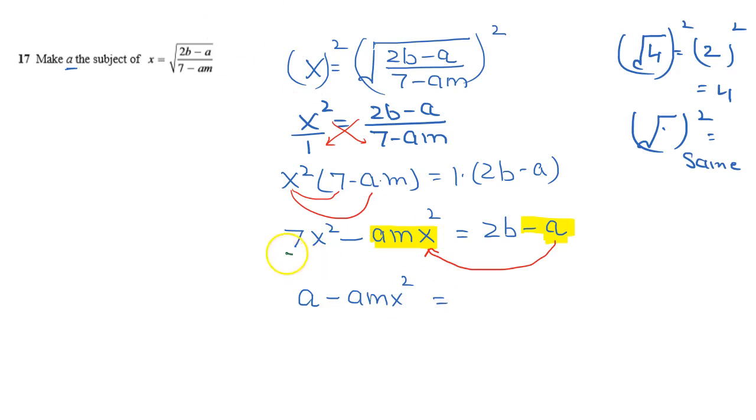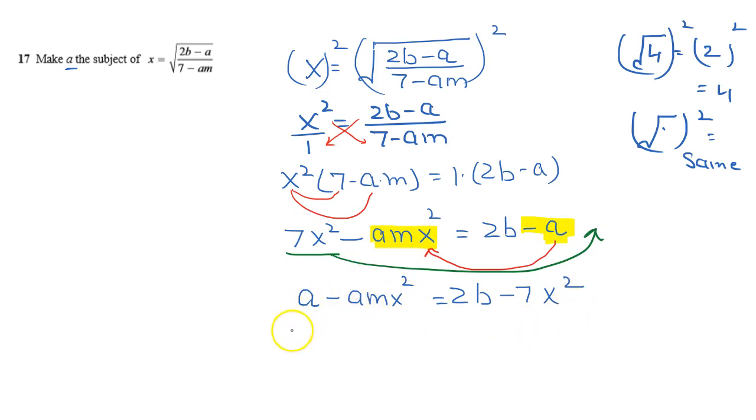Now let me take this 7x square to this side. So we have 2b here. Now this remains, so minus 7x square. We were having 4 terms, 1, 2, 3, 4. We still have 4 terms.